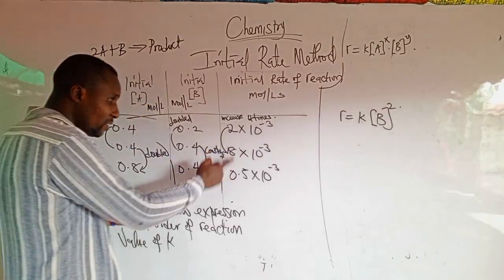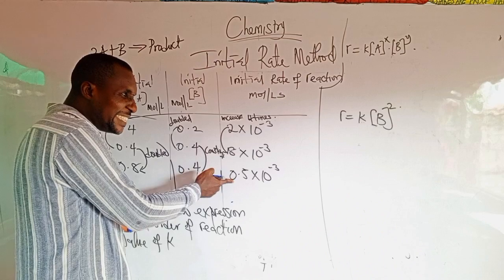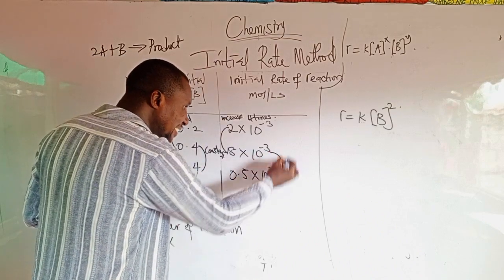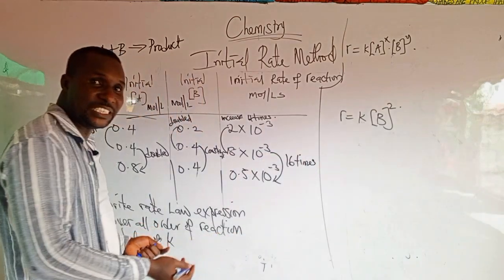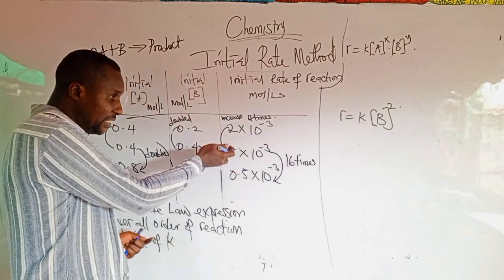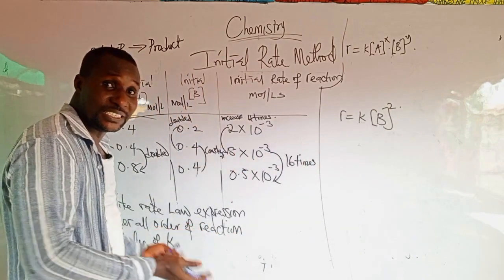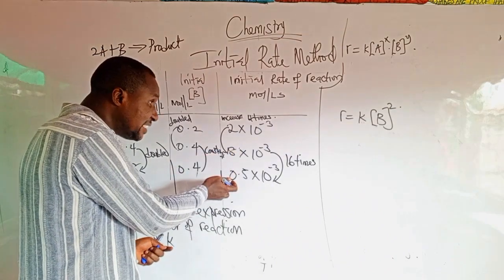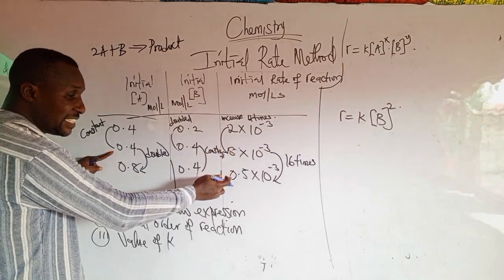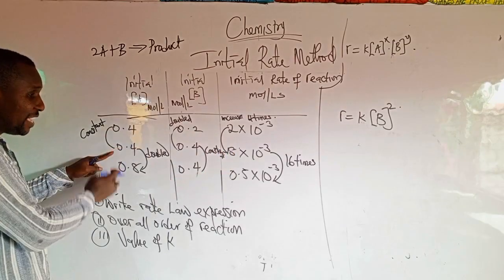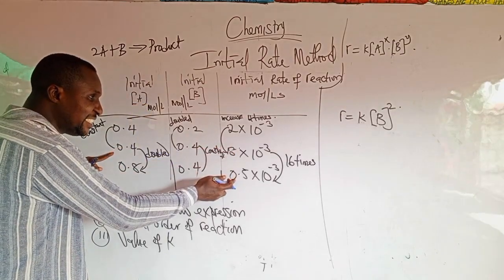What happened to this one? It decreases 16 times. 0.5 in 8 is 16. When the concentration of A is doubled, this one decreases 16 times.